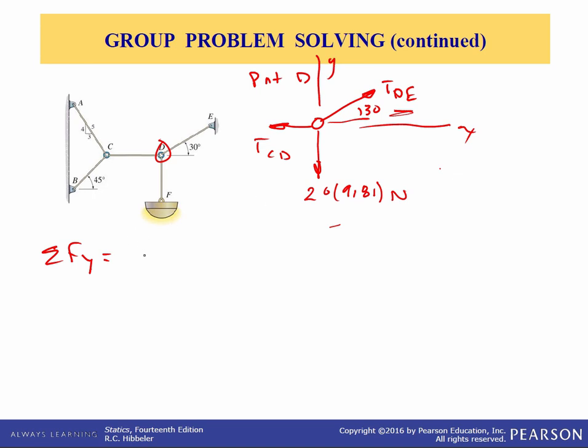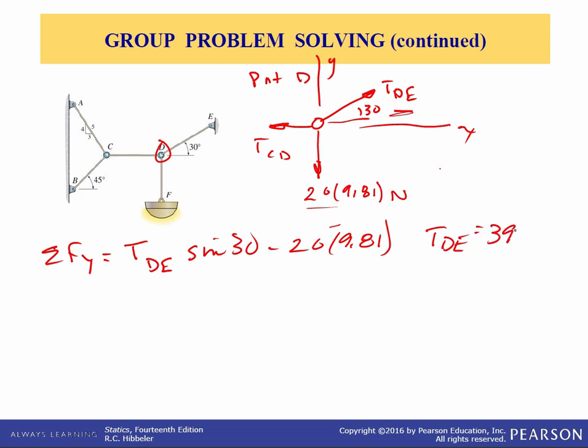So summation of forces in the y is tension in cable TDE times the sine of 30. And that's pointing up, so it's positive. And then we have subtracted off the weight, 20 times 9.81. And from this, we can solve for TDE, 392 newtons.